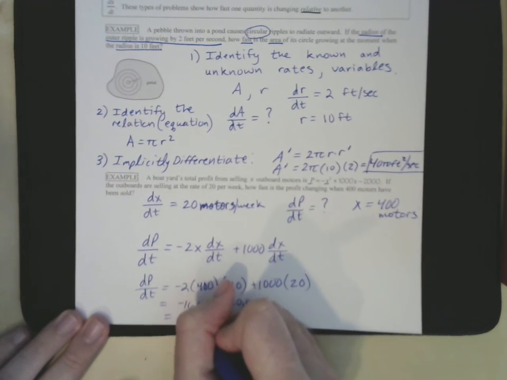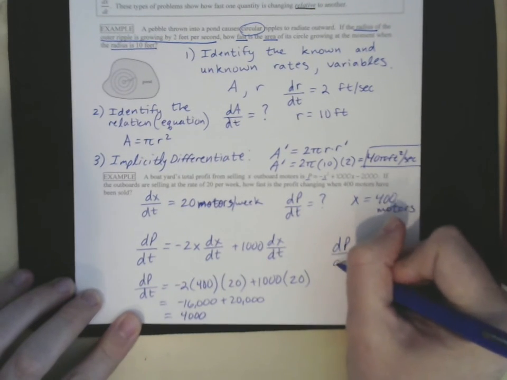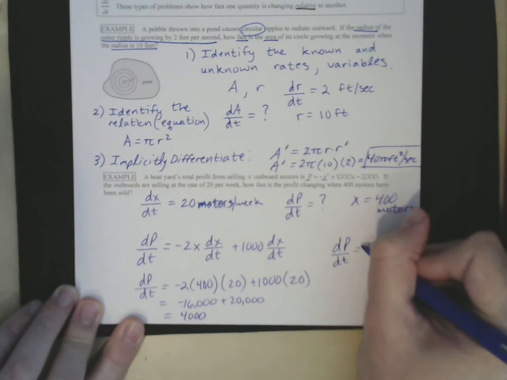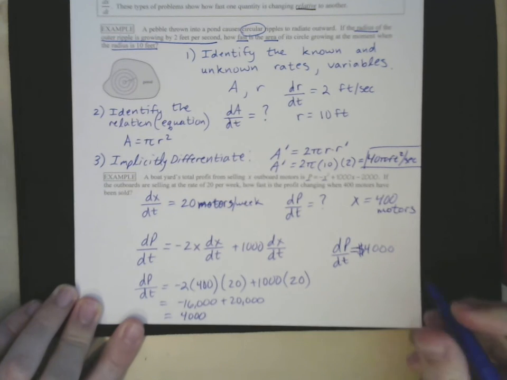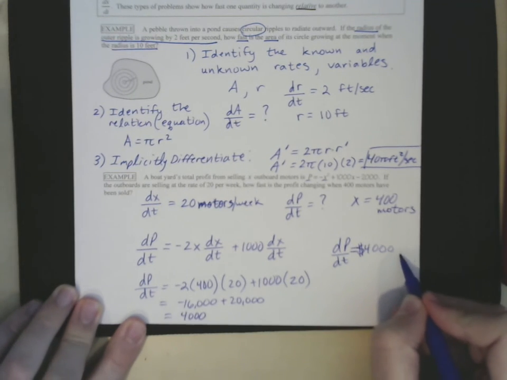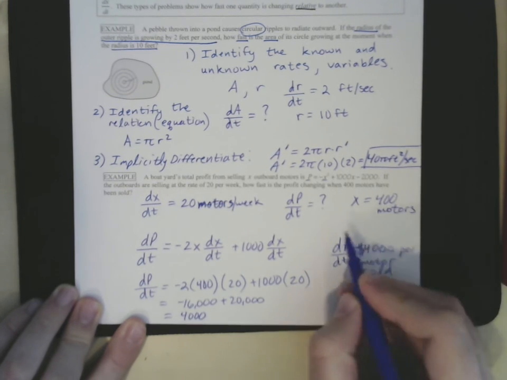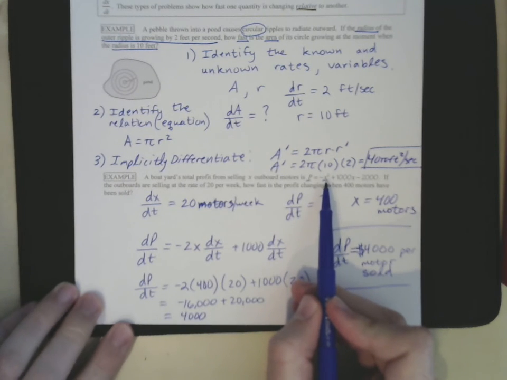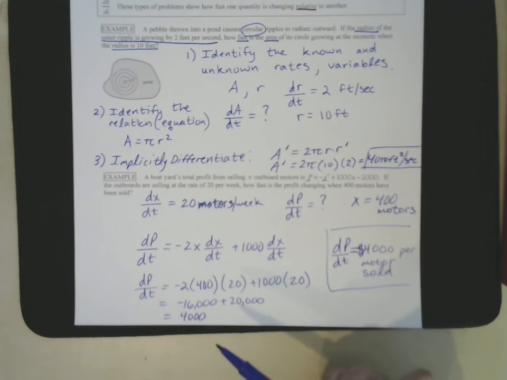So that's 4,000, which means dp dt is 4,000. P is profit, so this is dollars. And this would be per motor sold, because our function was all about x, which is the number of motors that are being sold.